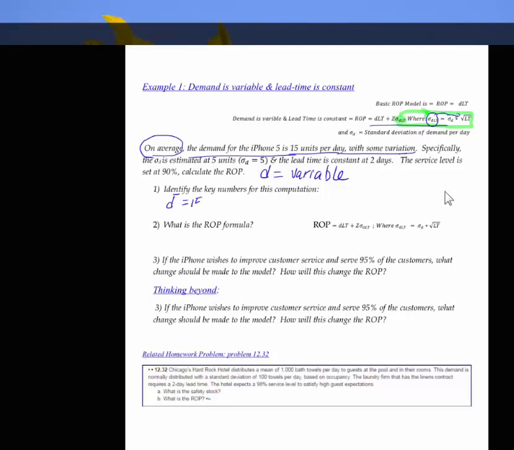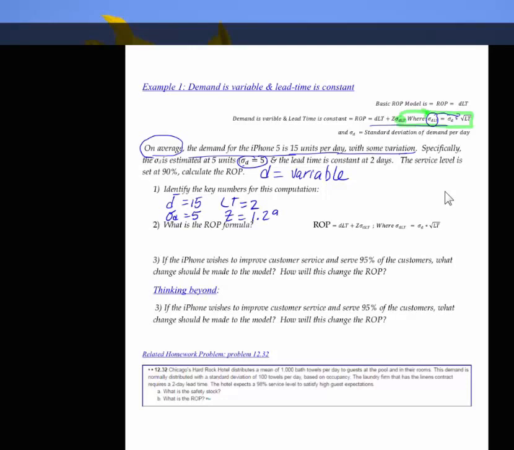Then we go on to note that the standard deviation of demand is 5, and the lead time, LT, is going to be 2. We would like a service level of 90%. So that means our Z ought to be 1.29.